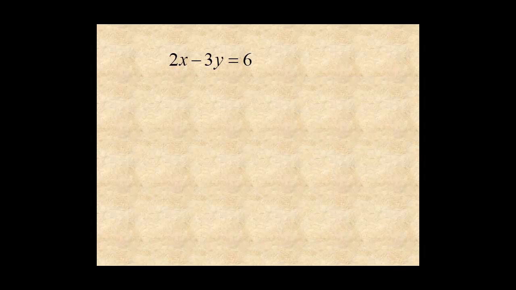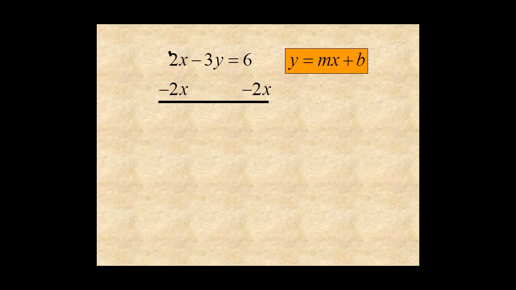If you begin with an equation in standard form, you need to convert the equation to slope-intercept form. In this example, subtract 2 from both sides of the equation. Then, divide both sides by -3.